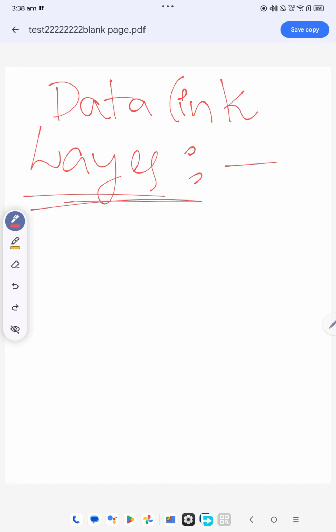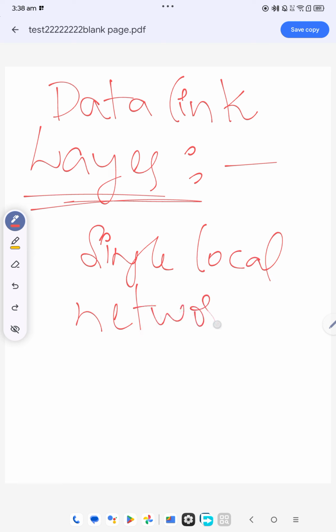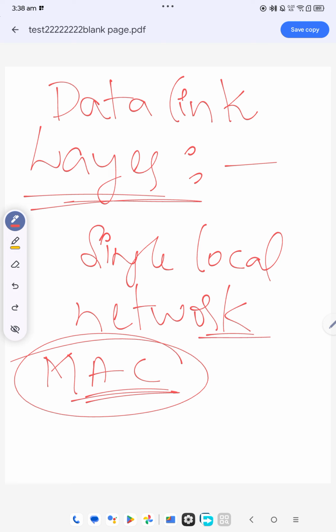Using the MAC address means it uses a switch. It communicates within a single local network. What does it use? The MAC address. In which layer is the MAC address used? The data link layer.